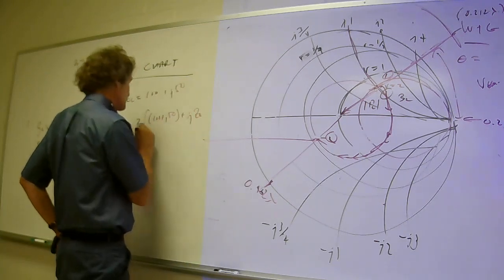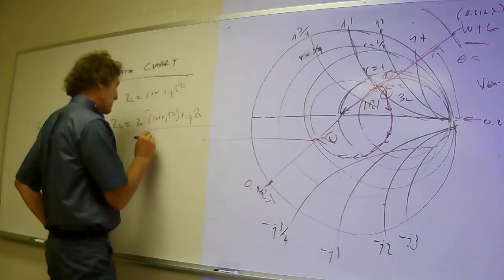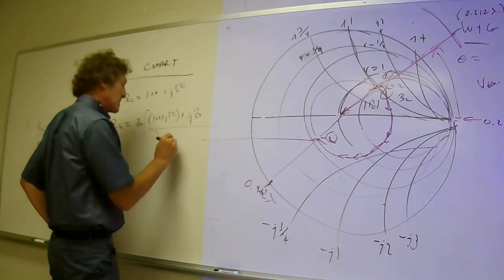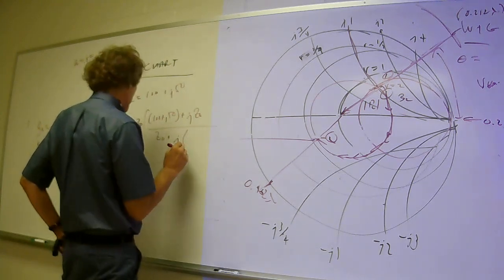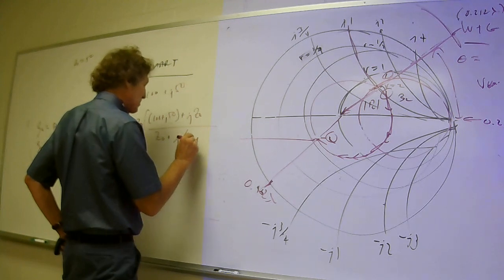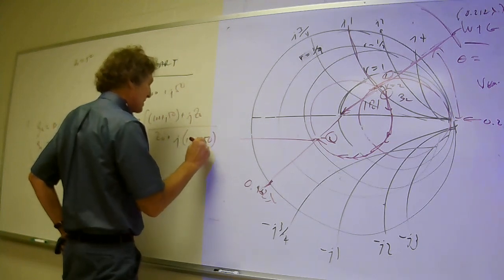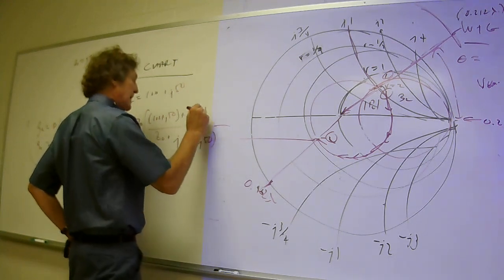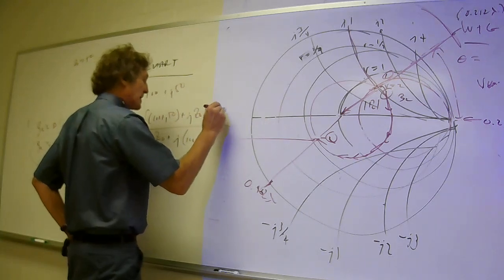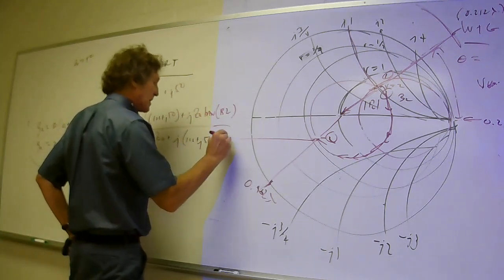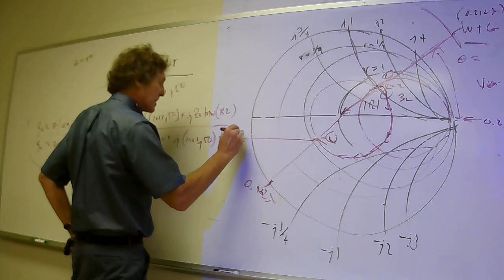I'm going to leave it as Z naught, over Z naught plus j times 100 plus j50 times tangent of beta L.